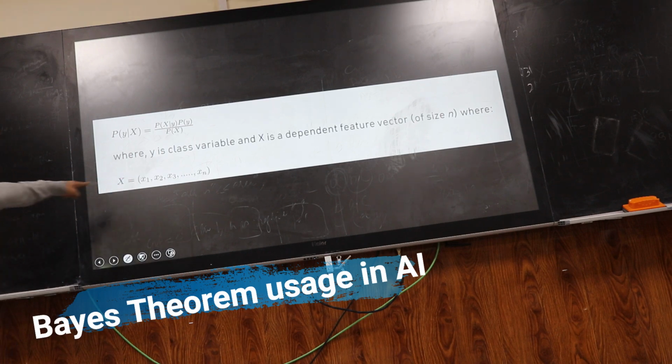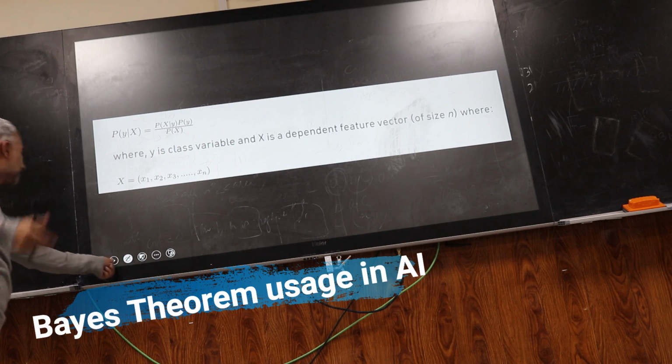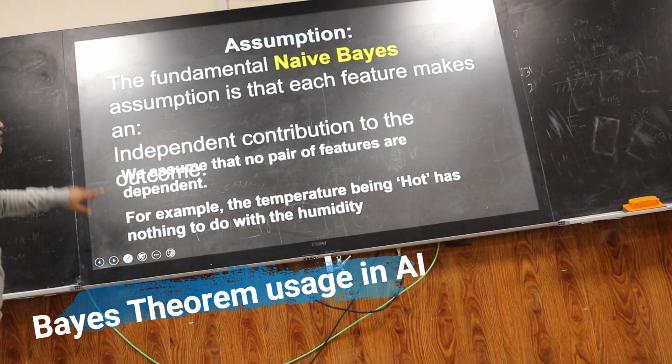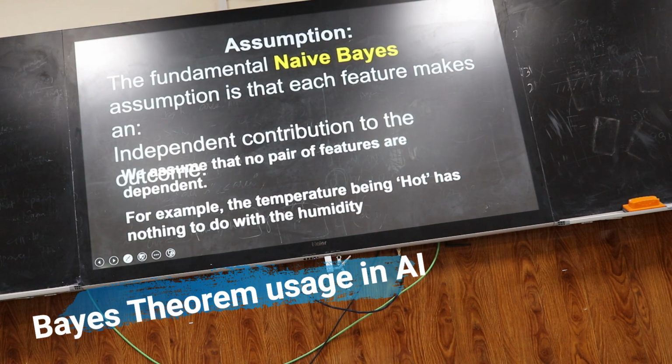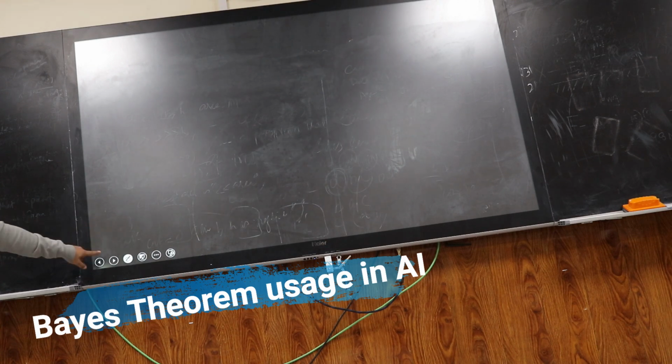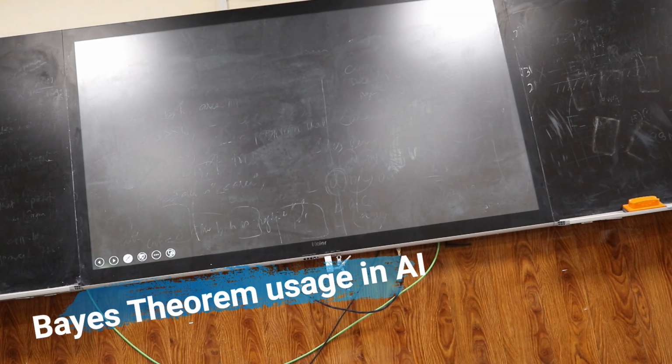So X represents a vector of too many elements. Similarly, too many features in some house: x1, x2, x3, xn. These n represent multiple sizes: 100 features, 10 features, 5 features, like so. So this one I was talking about a moment ago was the Bayes theorem.